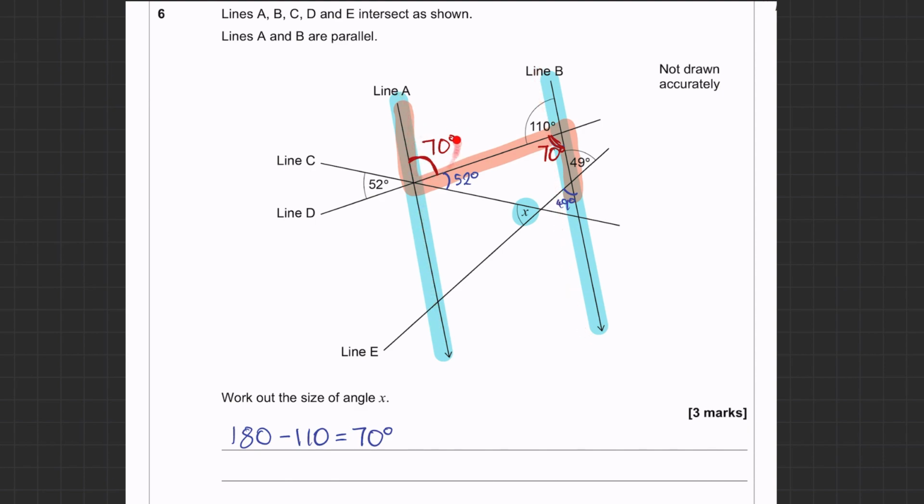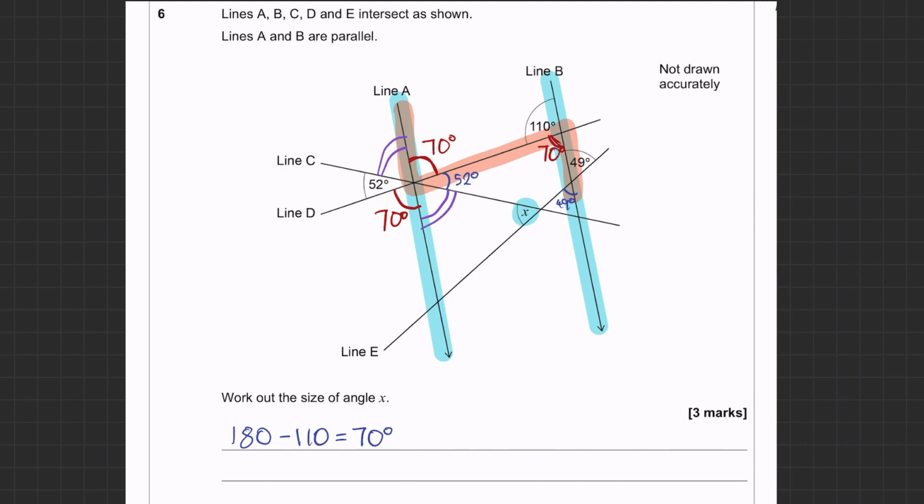And if this is 70 degrees, well, we've got this X here, so this must also be 70 degrees. And because we've got this X here, these 2 angles must also be the same as each other. So this angle must be the same as this angle.